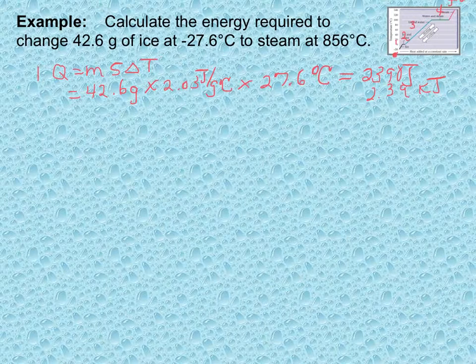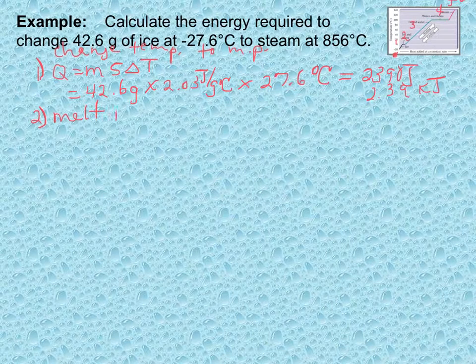All right, for step 2, we're melting the ice. This is about melting the ice. Step 1, I'm going to go ahead and write up here, is about changing the temperature to the melting point, MP, melting point. Step 2 is just about melting the ice.